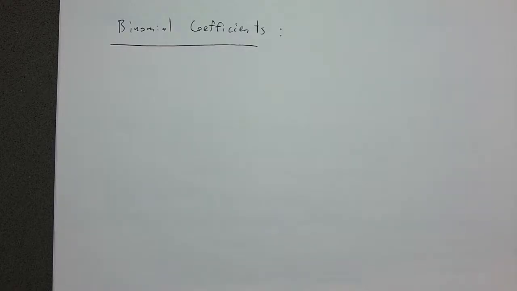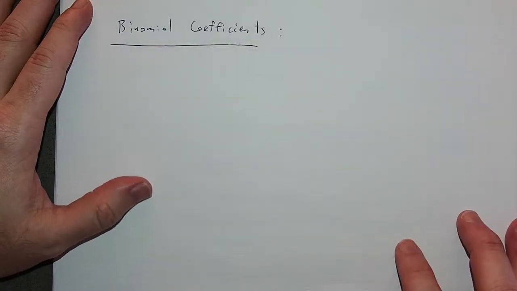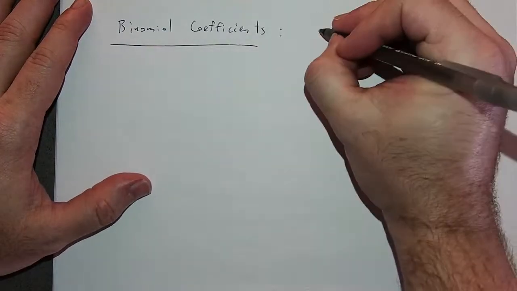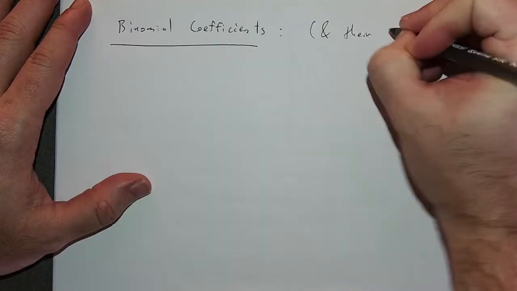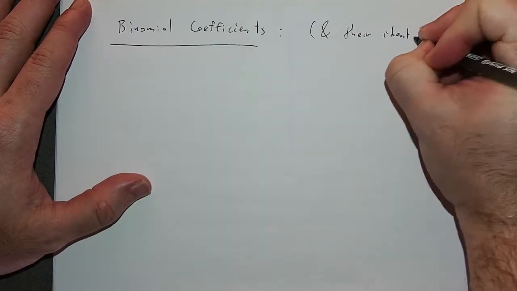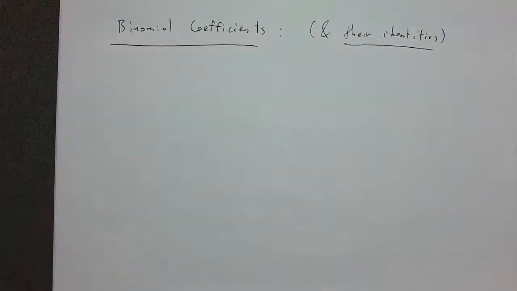But first, I'm going to mention a bunch of identities that these have. And their identities, because the various algebraic properties they have is almost as important, maybe even more important for computation's sake, than the specifics of where they came from.